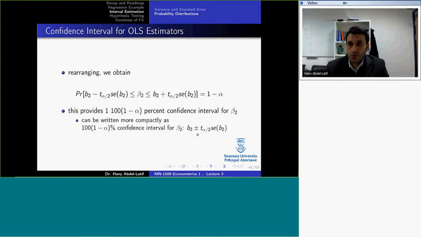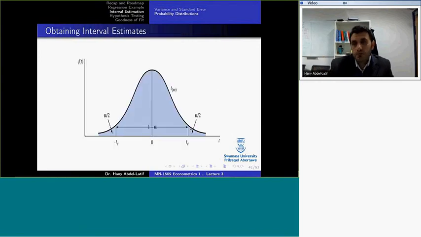We can write the same formula in a more compact way. We can say that beta 2 should be B2 plus or minus the value that we obtain from the table, and I'm going to show you how to get it now, times the standard error of B2. This is how the distribution looks.